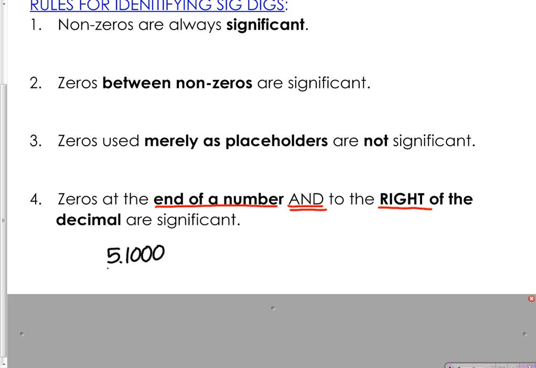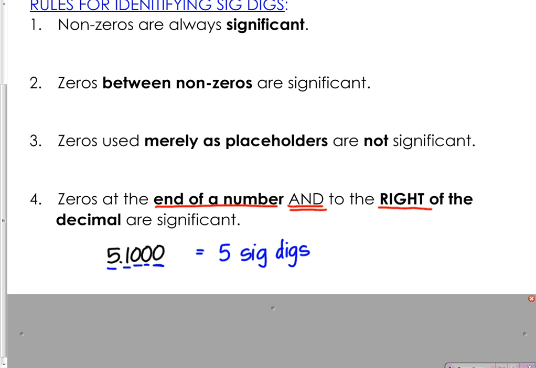But we know that the 5 and the 1 have to be significant because they're not zeros. The 0 that is at the end of the number and to the right of the decimal, so this last 0, has to be significant because he's both at the end of the number and on the right side of the decimal. And then the 2 that are squished between automatically become significant because they're between. So all 5 digits are significant.